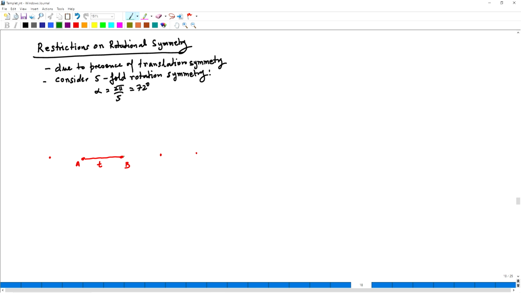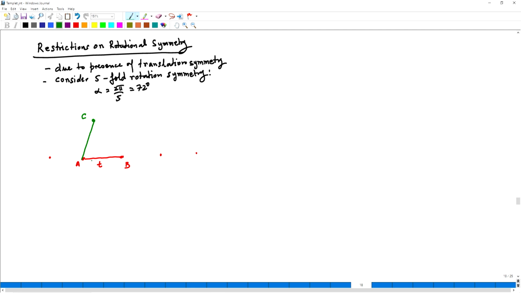So it operates on B, and this lattice point at B is taken to, let us say, a point C. So point C is also a lattice point. If I give a rotation of 72 degrees in one direction, I will also have a rotational symmetry by giving 72 degrees in the opposite direction.